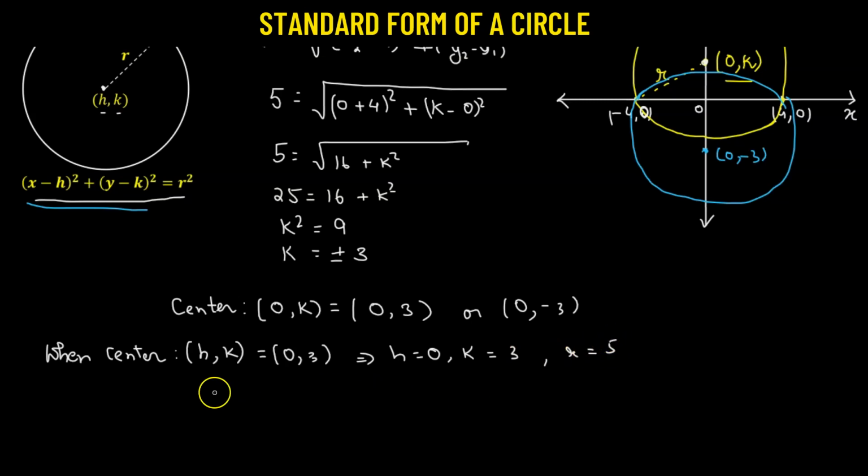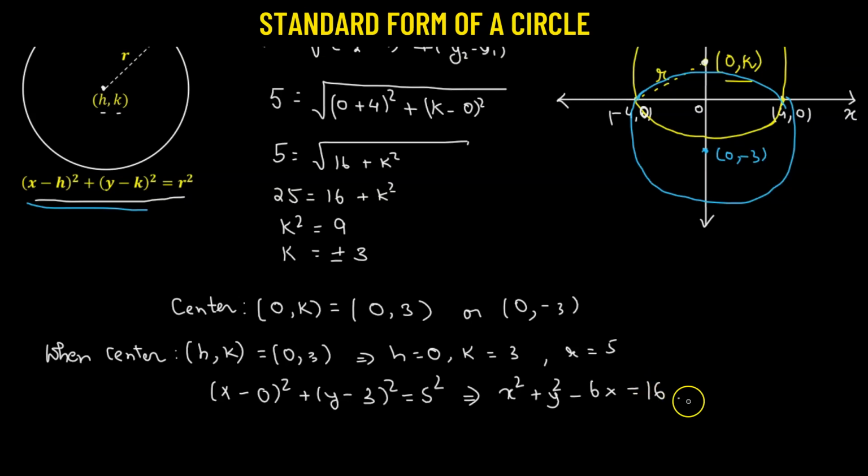So our equation is going to be (x minus h) whole squared plus (y minus k) whole squared equals 5 squared. If we further simplify it, we get x squared plus y squared minus 6y equals 25 minus 9, so that's going to be 16. So this is going to be the equation of the yellow circle.